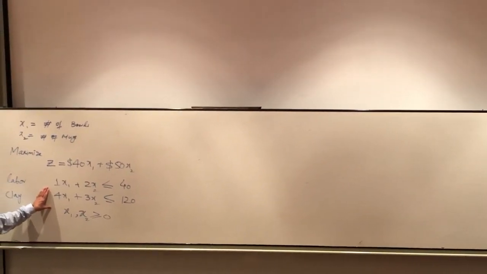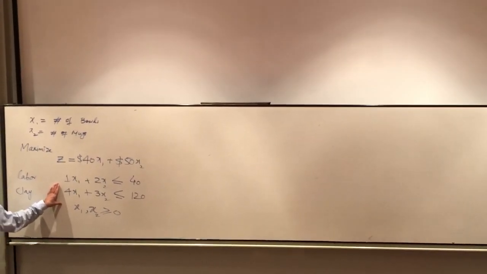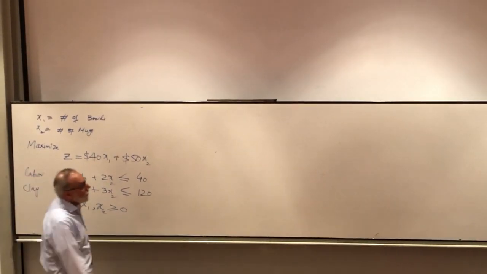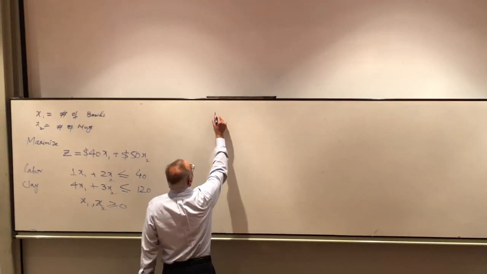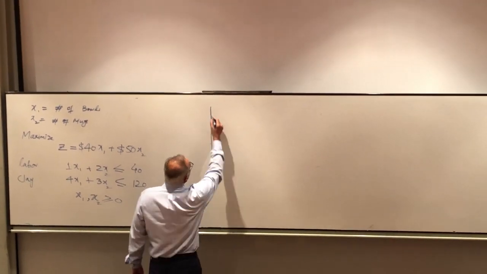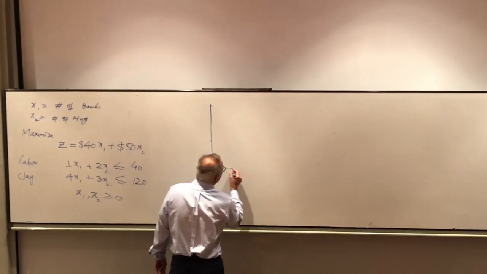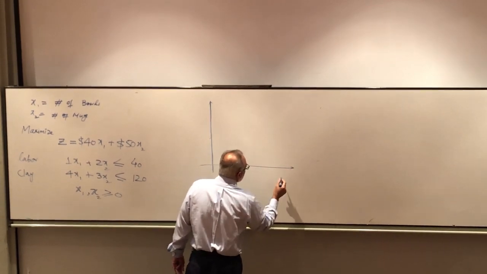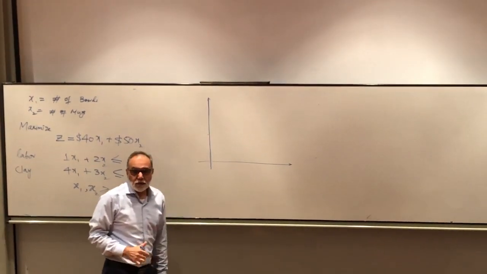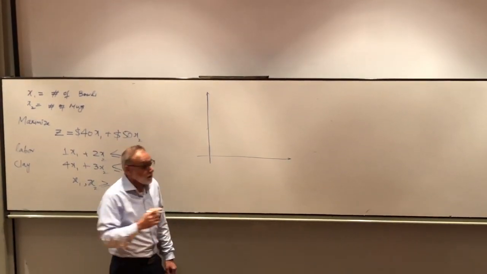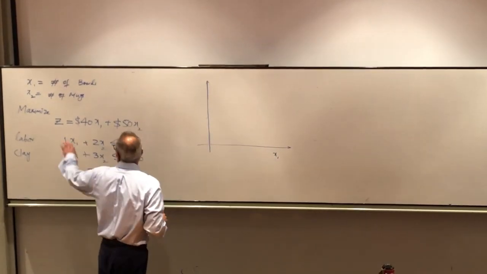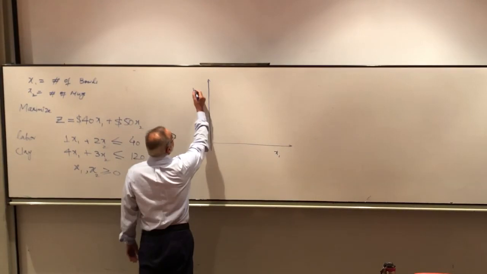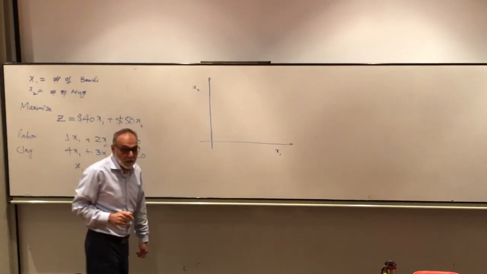Now the graphical technique is that we graph this. On the axes we choose the decision variables: X1, number of bowls, and X2, number of mugs.